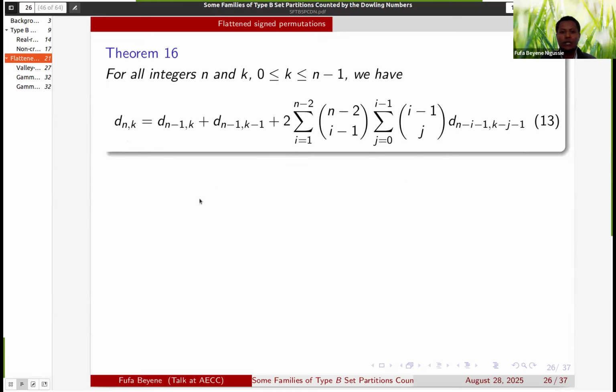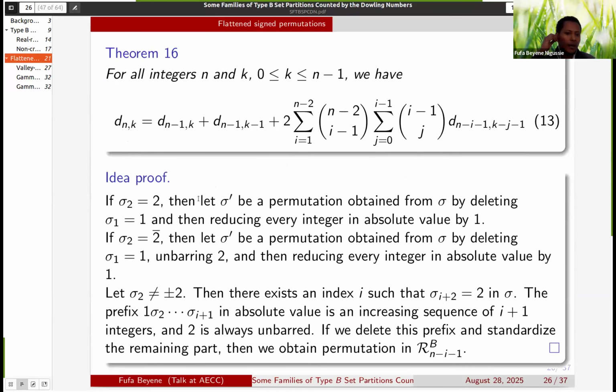The idea of the proof is by just considering any flattened signed permutation and observing sigma 2. Sigma 2 can be plus or minus 2 or different from plus or minus 2. If it is plus 2, then you can delete sigma 1 and reduce everything by 1 in absolute value to obtain the first term here.